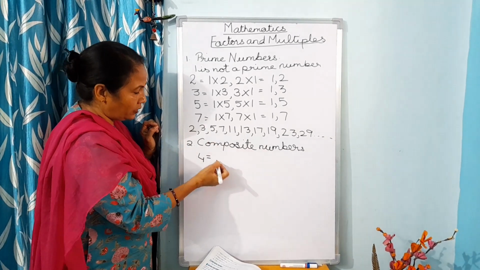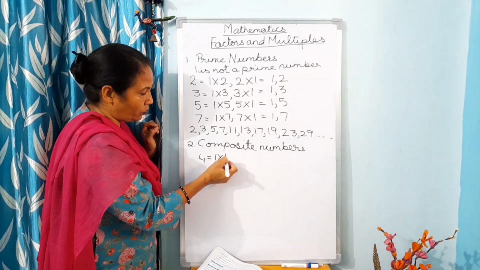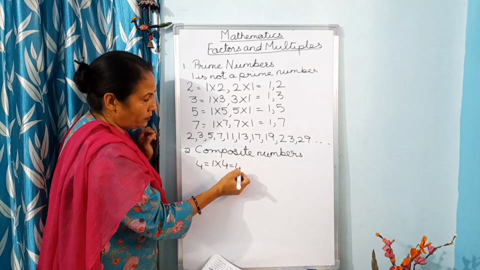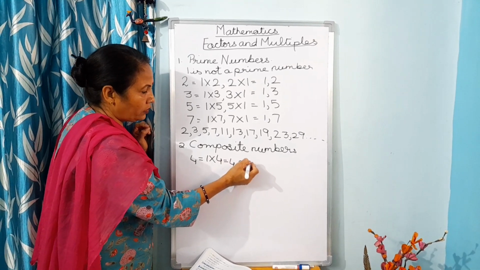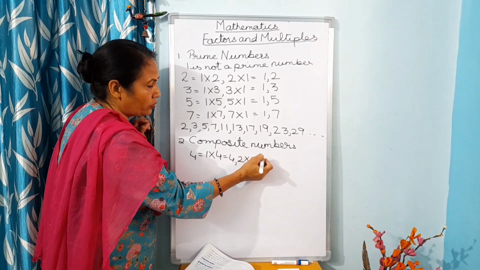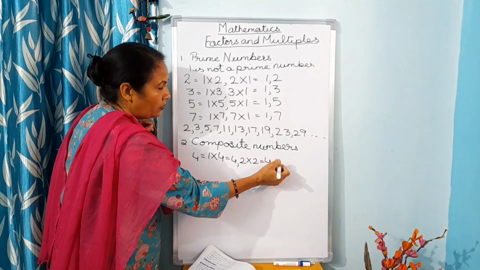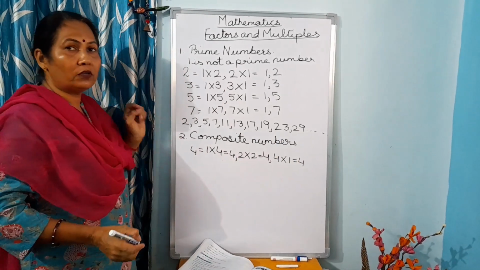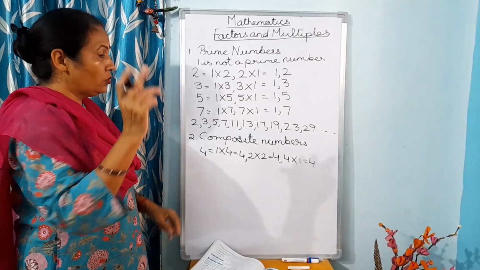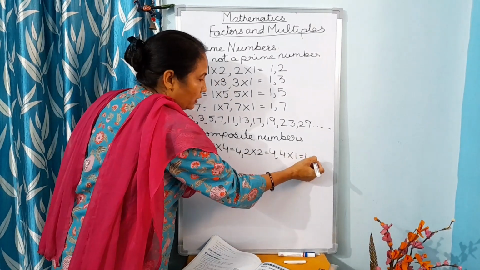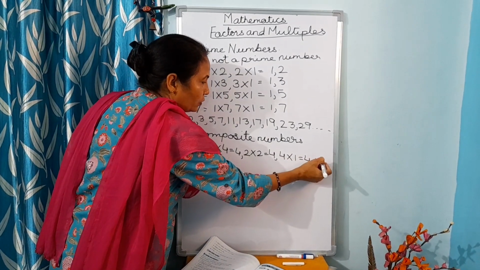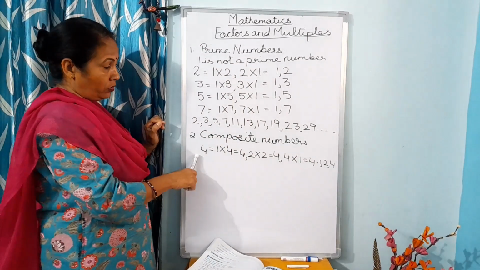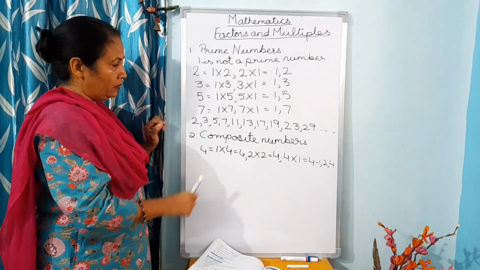Now you will see here 1 into 4 is equal to 4. 2 into 2 is equal to 4 and 4 into 1 is equal to 4. So you have how many factors? You have 3 factors. You will see here 1, 2 and 4. So 4 is a composite number.